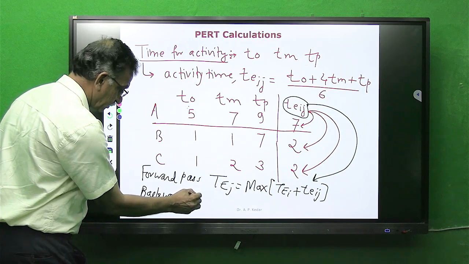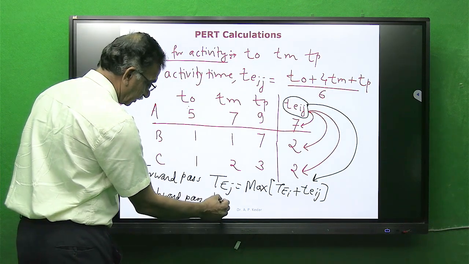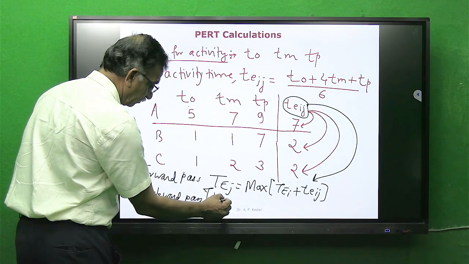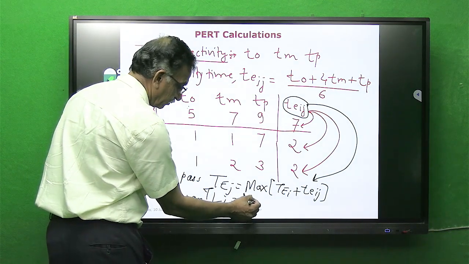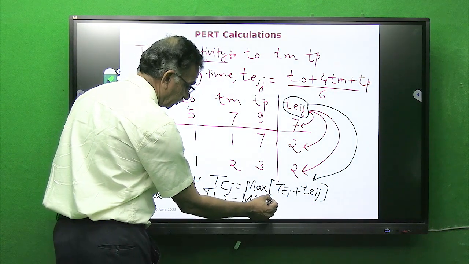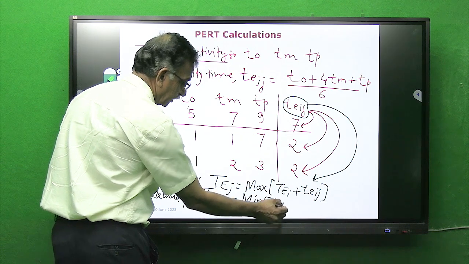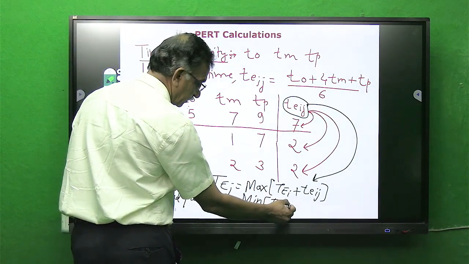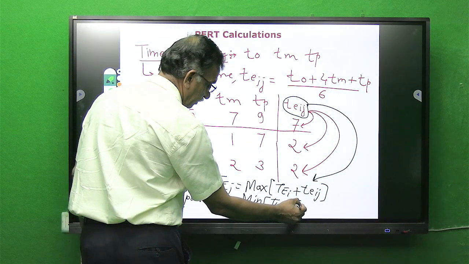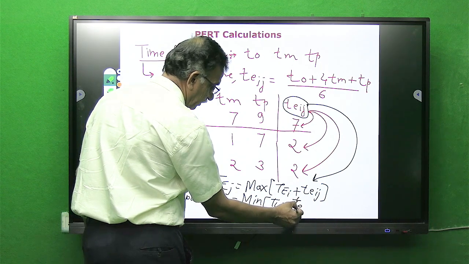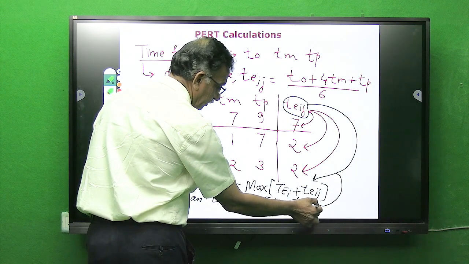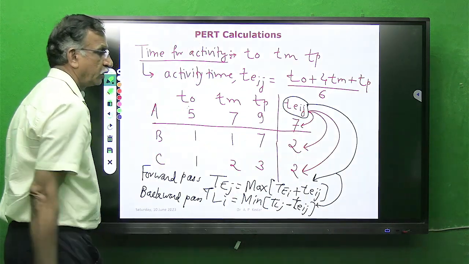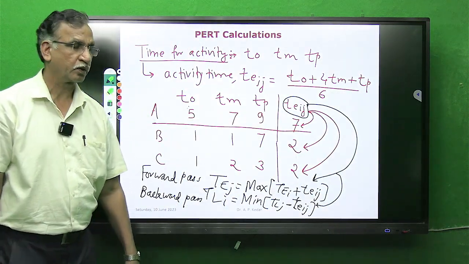In backward pass, what you will be calculating is TL of I is equal to minimum of TL of J minus TEIJ. Again this TEIJ is the same which we have calculated over here.